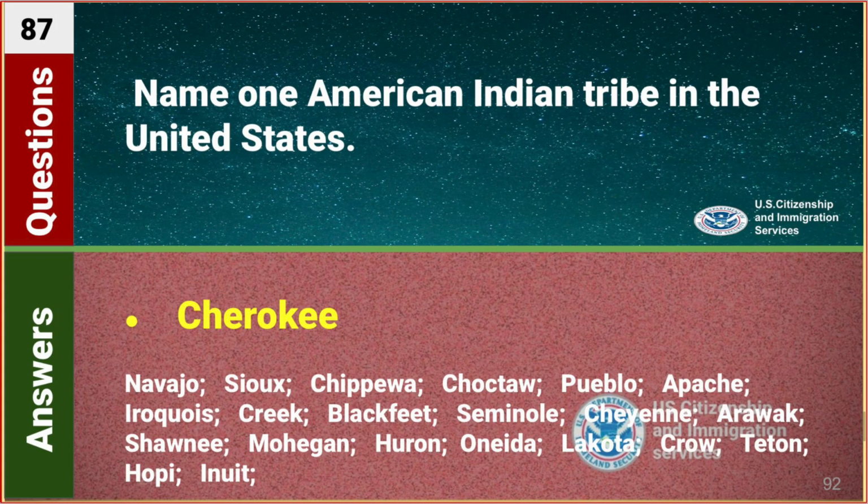The following is the 9th set of 10 questions. Name one American Indian tribe in the United States. Cherokee. Why do some states have more representatives than other states?